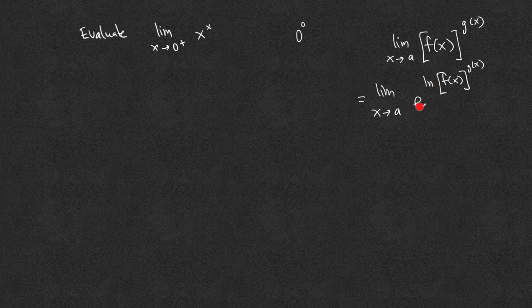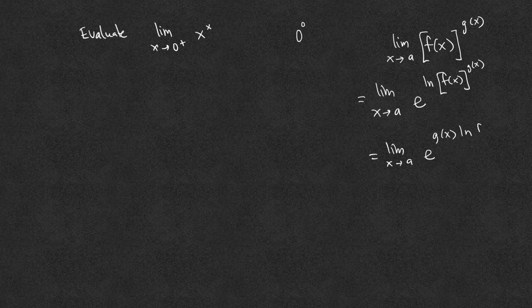Recall that e and ln cancel out. We do this because we want to bring down the g of x to the front of ln. We still have e, and in front of ln is now g of x.